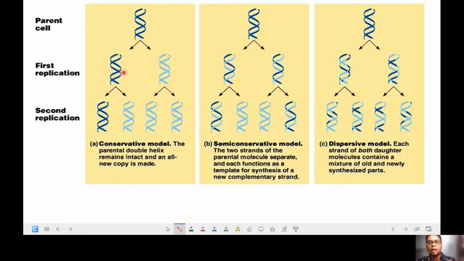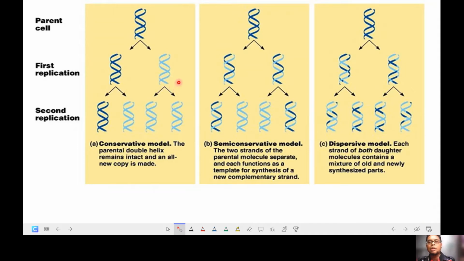They will not separate, and both of them will become templates to produce new DNA strands. And as a result, at the end of this replication process, one DNA molecule consists of two original parental DNA strands. Meanwhile, another DNA molecule over here consists of two newly formed DNA strands.